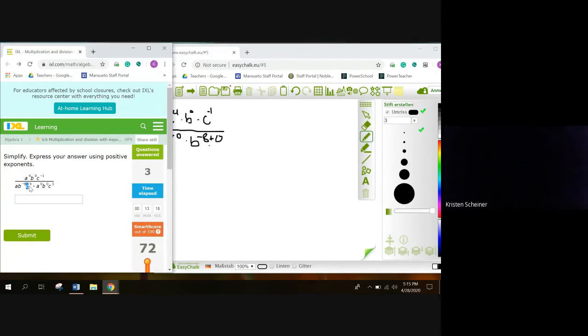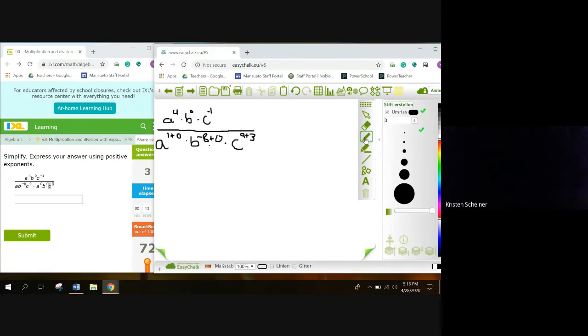And we have C to the 9th power times C cubed, which I can extend, and we symbolize as C to the 9 plus 3.